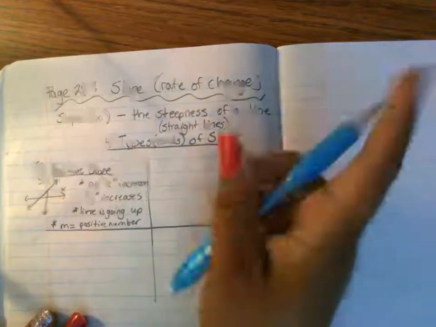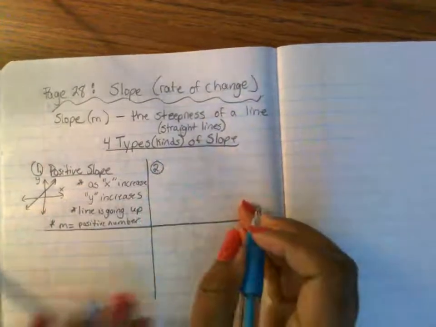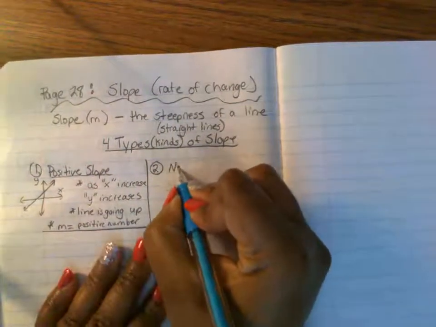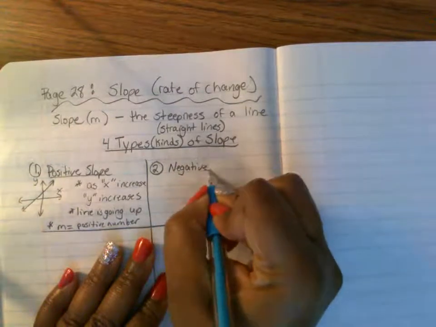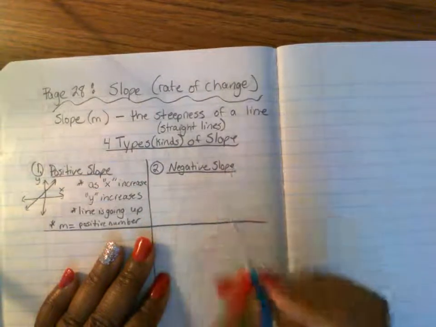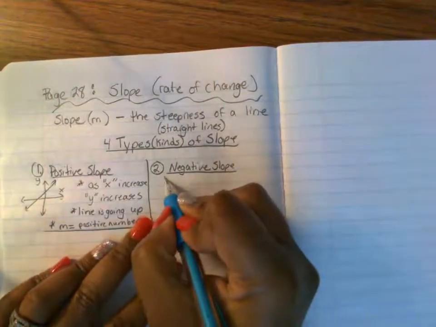All right. Your second kind of slope is a negative slope. The opposite of positive is negative. So the second kind of slope or type of slope is a negative slope. Well, Miss Reyes, what does a negative slope look like? Oh, I'm so glad you asked me.